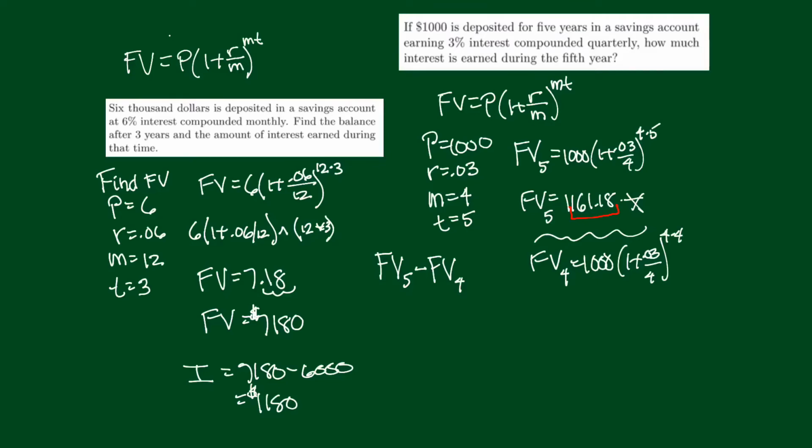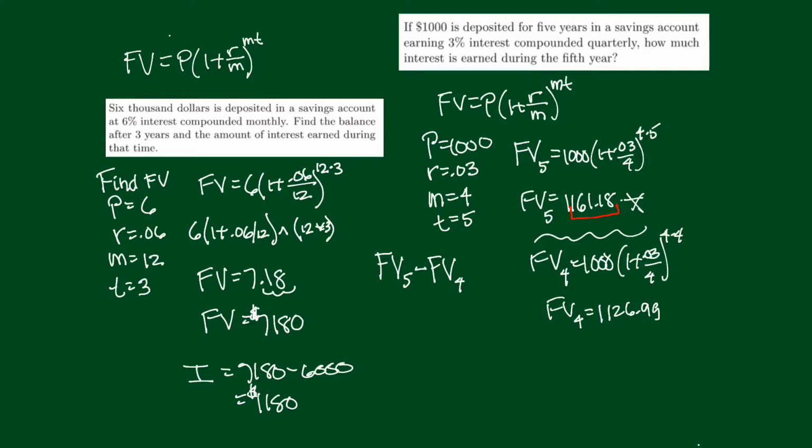So really, the only thing that changed was the time, 5 years to 4 years. When I did that on my calculator, I got 1,126.99. So the future value at the end of 4 years is 1,126.99.